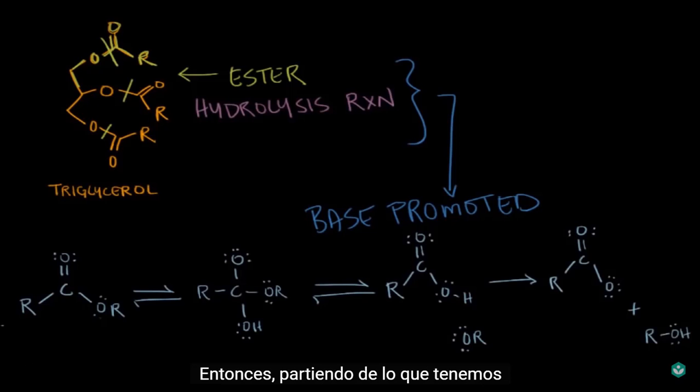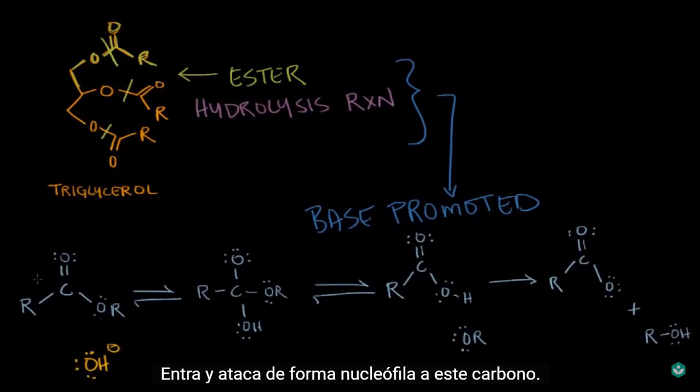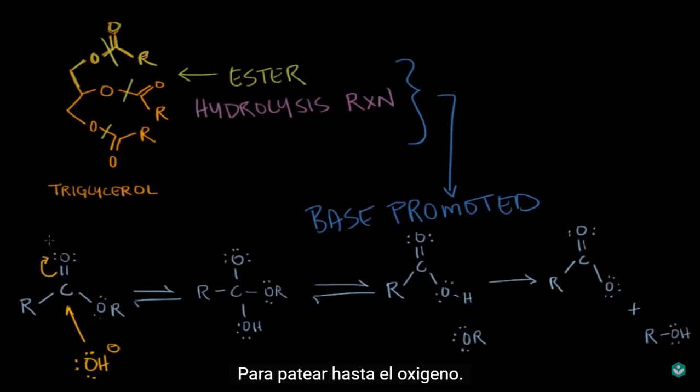So starting off, what we have is an OH group right here. This is going to be our base. It comes in and it nucleophilically attacks this carbon. So this is a nucleophilic addition reaction, and when these electrons come here, it forces some of the electrons from the carbon-oxygen double bond to kick up to the oxygen, which pretty readily accepts these electrons. It's pretty electronegative as an atom.